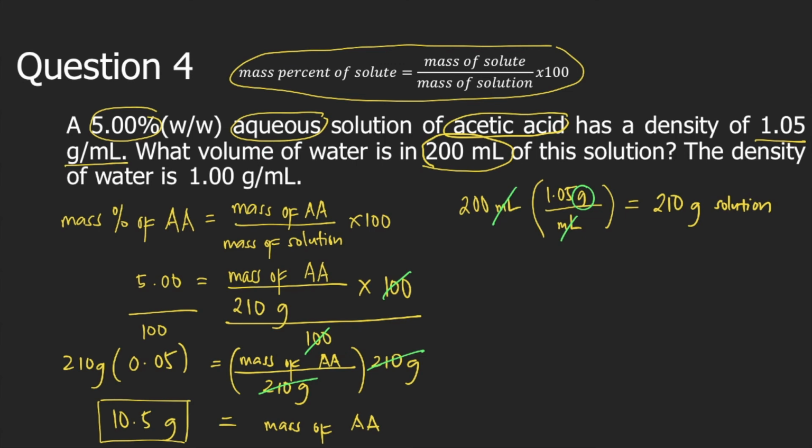The problem is not asking for the mass of acetic acid. It's asking for the volume of water. What volume of water? So how do we solve this? Remember what I said earlier, that the mass of solution is equal to the mass of solute plus the mass of solvent.